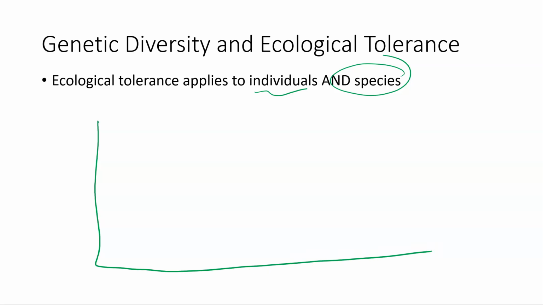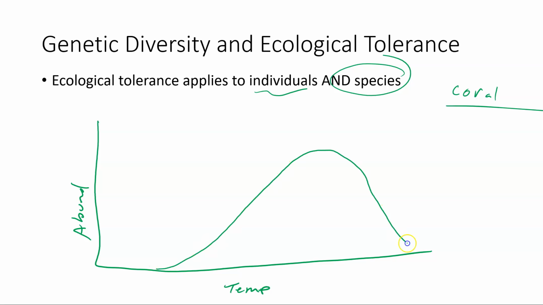Okay, so let's say, for example, we have corals. So our species in question is coral. All right, so let's say we have a coral reef, right? And let's go temperature again on our x-axis, and of course we have our relative abundance on our y-axis. So right now, let's say that our range for corals looks like this.